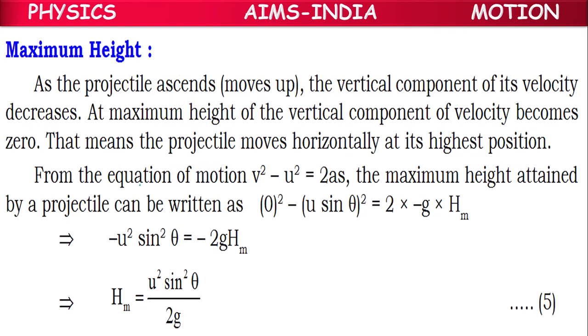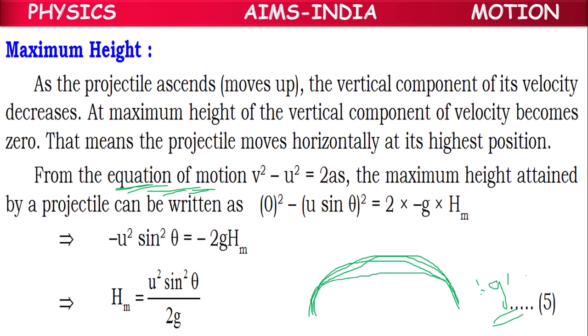So here, children, we can use equations of motion. Oblique projectile is an example of what motion, children? It is under the influence of g, means throughout its journey it is affected by acceleration due to gravity, which is uniform.